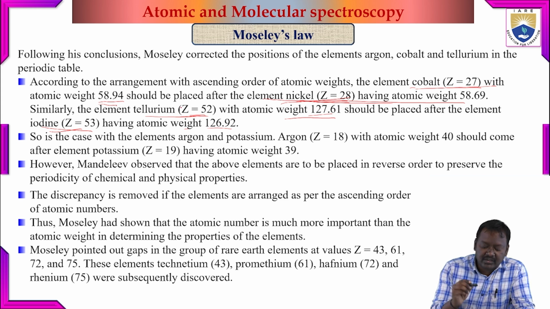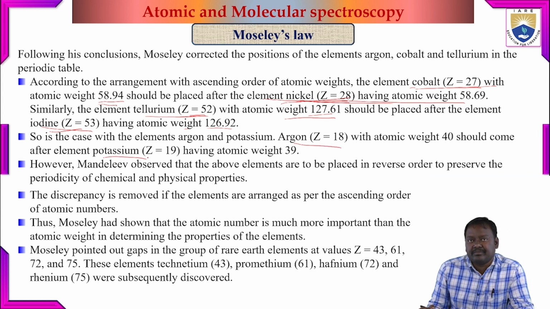But by following atomic number, tellurium will be in the first position before iodine. In the case of argon and potassium, it is also the same case. According to Mendeleev's observation, these are all elements which should be in the reverse order. So this discrepancy is removed by Moseley's observation.